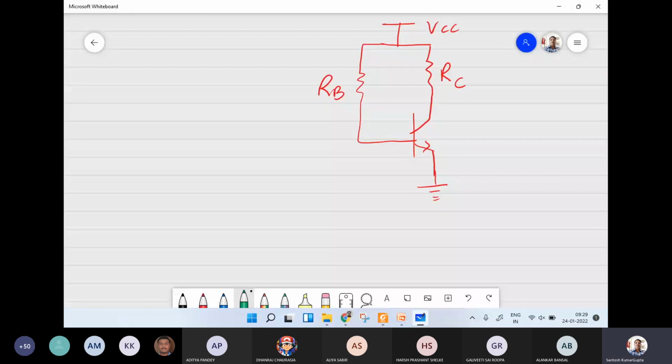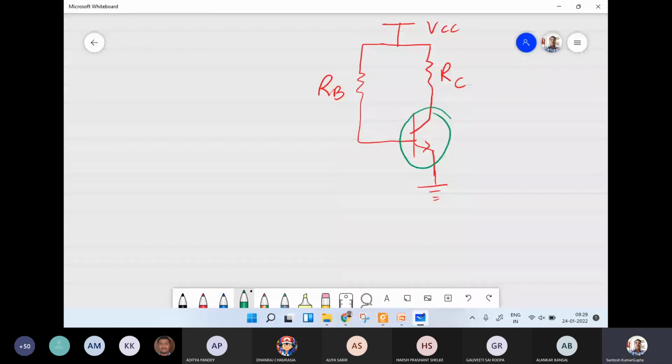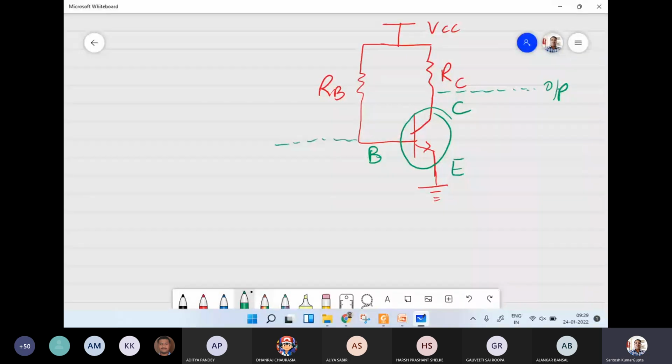For this particular transistor, we can first look at in which configuration we are using it here. This is an example. In different ways also we can use the transistors in different configurations. Here the output was being taken at the collector and input was being given at the base.